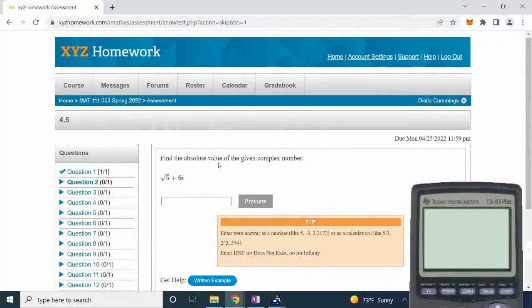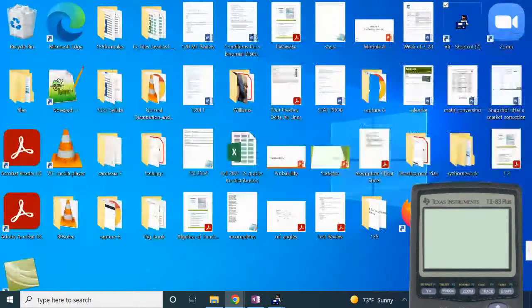Here you're asked to find the absolute value for this given complex number. We'll take a look at this one: the square root of 5 plus 6i. I'll give you a second or so to work this out, and then we're going to return with the solution.